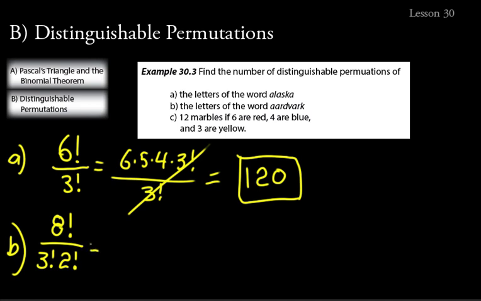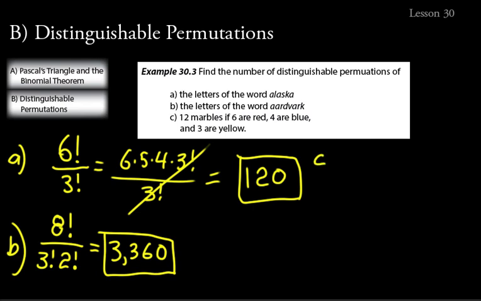You can do this on your calculator, or you can expand it out. However you want to do that, you should get 3,360. So do that. Don't just take my word that it's 3,360. Remember, you're supposed to do the calculations here. That's how you learn how to do math, by doing it yourself.